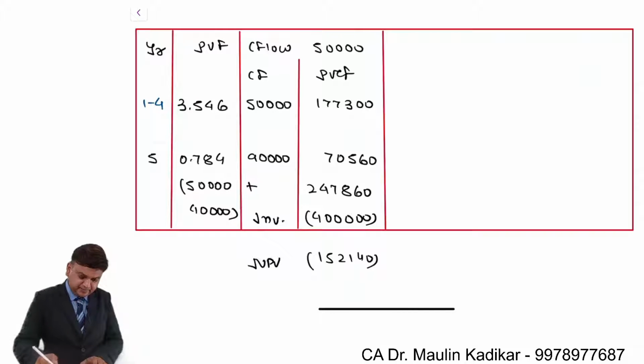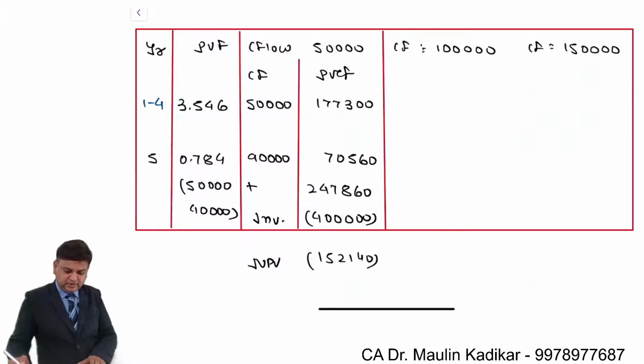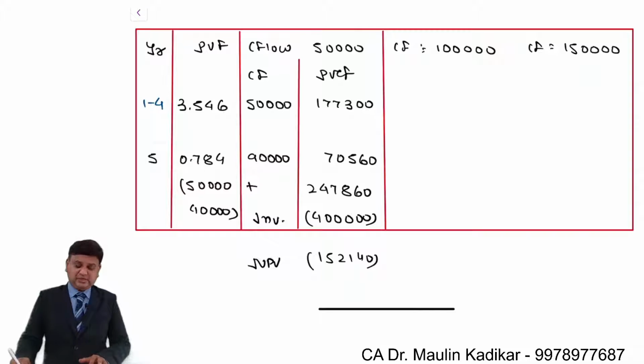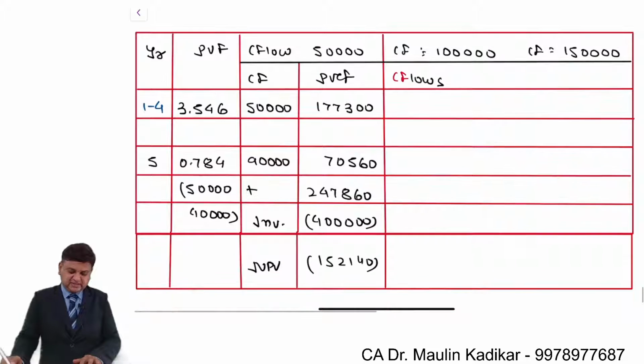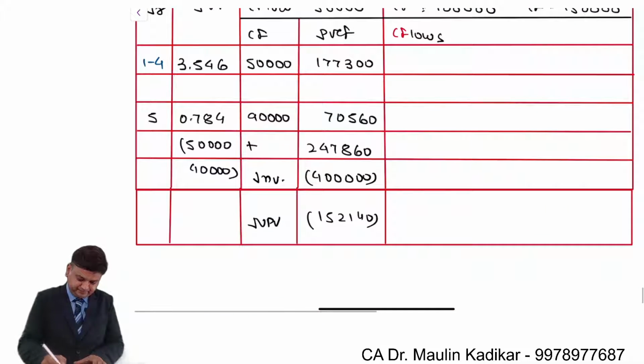Next is cash flow is 1 lakh. And the last is cash flow is 1,50,000. So again the cash flow and present value for NPV calculation. Next, cash flow is 1 lakh.